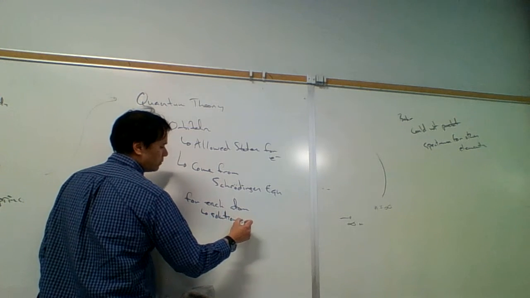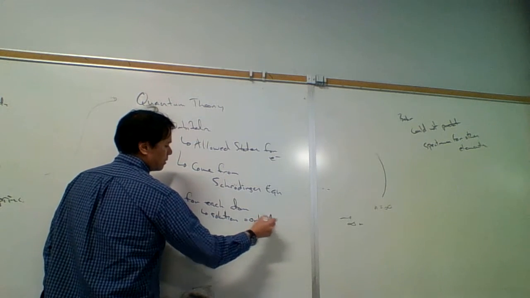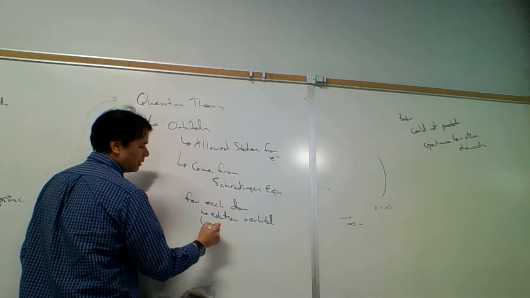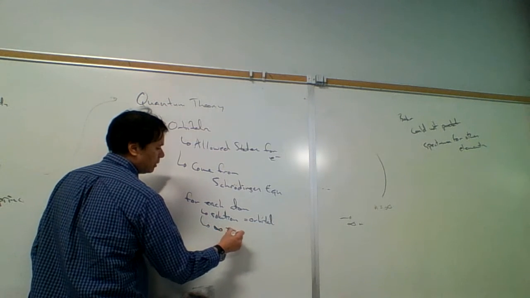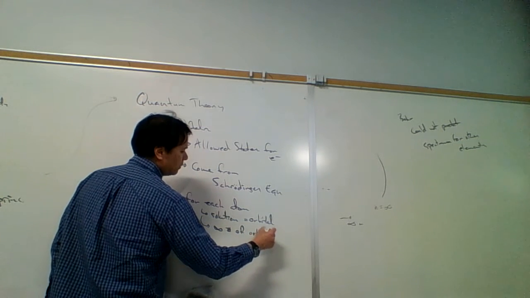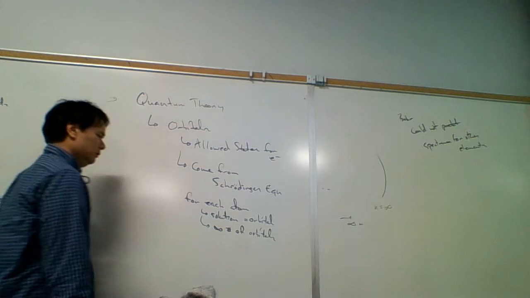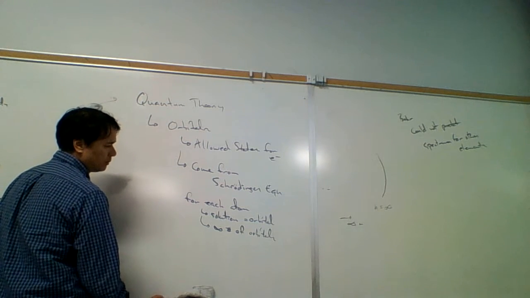So the solution equals an orbital. And it turns out that there are an infinite number of orbitals allowed. There are also an infinite number of forbidden ones as well.